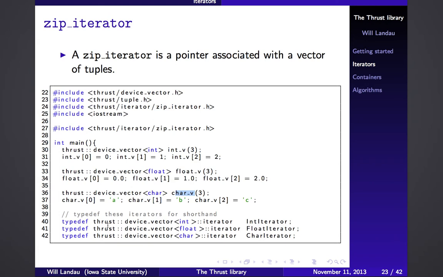I need to use these typedefs here, and well, I don't need to, but this is a convenient shorthand. I just shorthand the int iterator with the thrust device vector iterator type for ints. And I do the same thing for floats and chars, and those are just all shorthand. These type definitions now mean these things here.